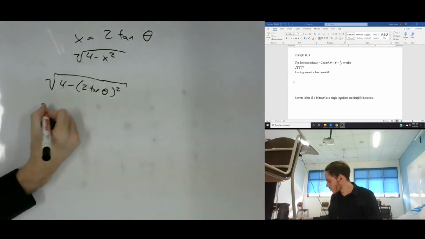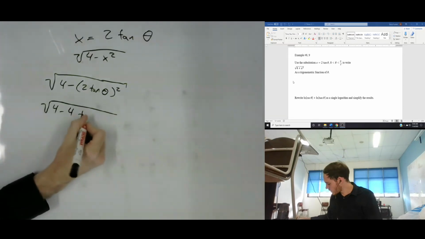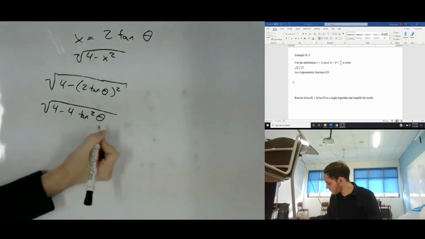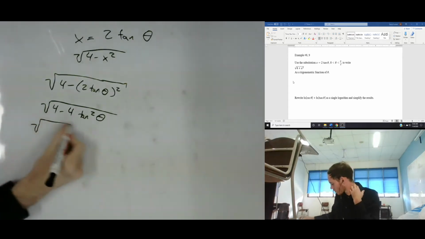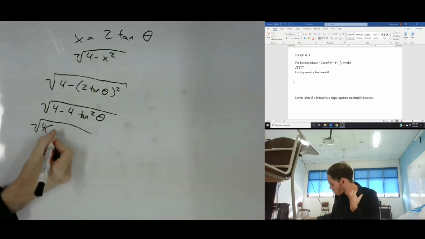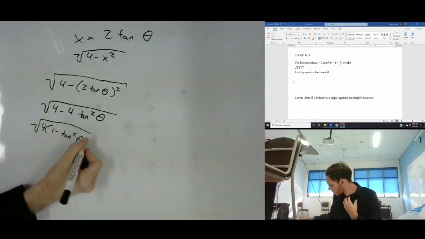And if you square 2 tan of theta, you get 4 minus 4 tangent squared theta. Okay, we can factor off a 4. So we get 4 times 1 minus tan squared theta.